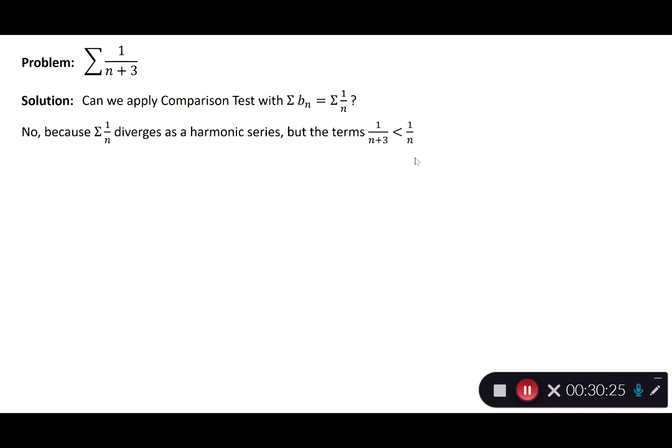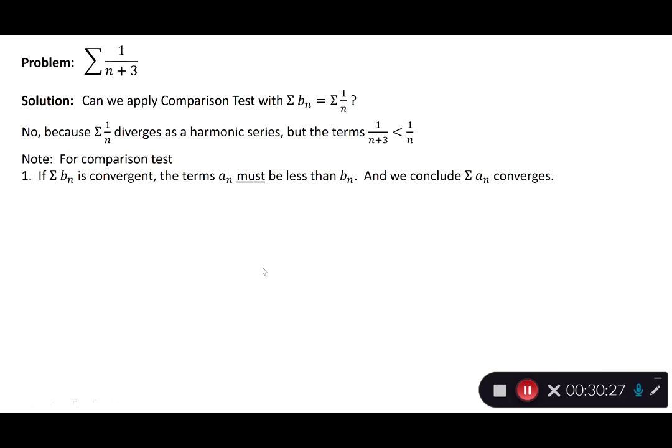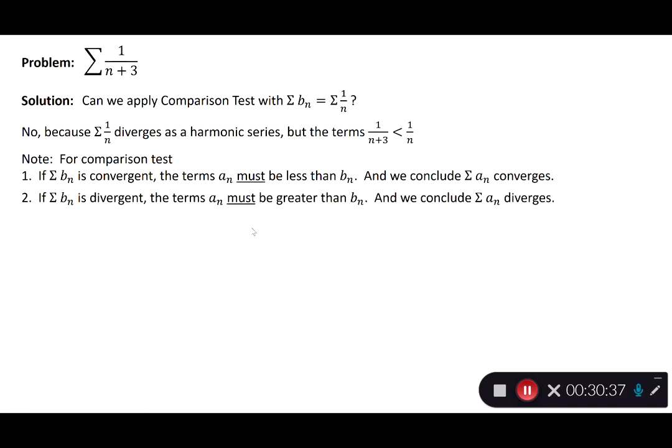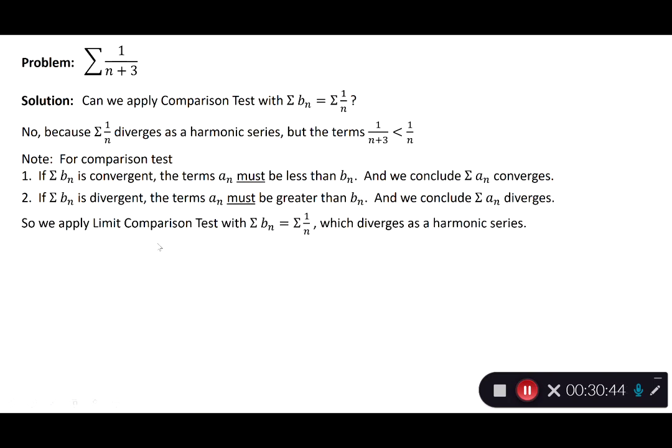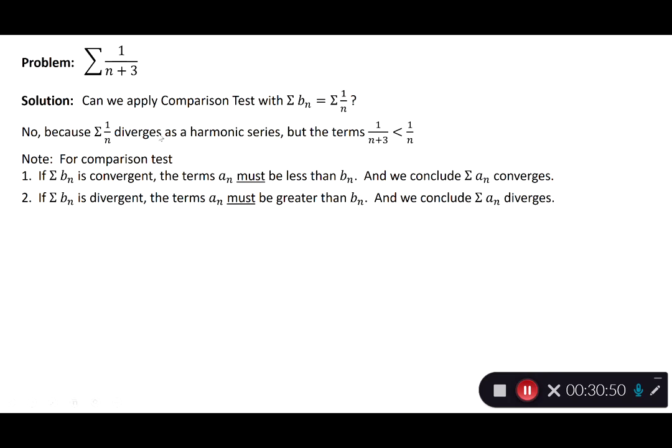Okay? All right. So note, for comparison test, if sigma b sub n is convergent, the terms a sub n must be less than b sub n. And then we could conclude sigma a sub n converges. On the other hand, if sigma b sub n is divergent, this is the idea, right? So we cannot apply the regular comparison test.